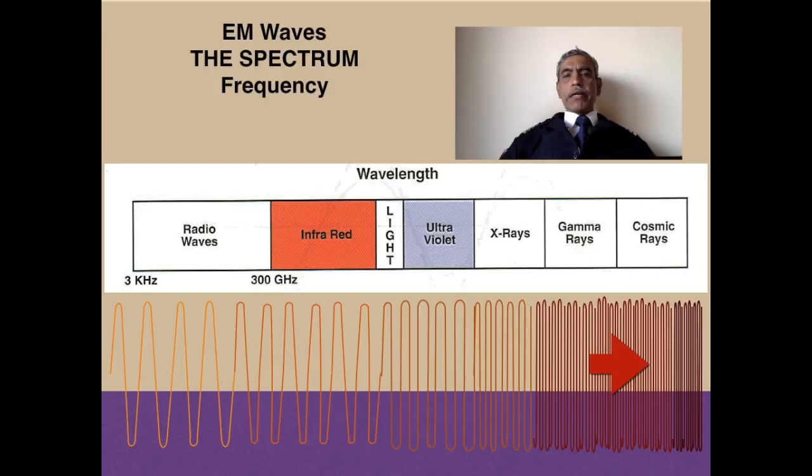I'm going to touch upon these spectrum bands a little bit and cover some interesting facts. The point to understand is that it starts from the lowermost, radio, then infrared, light, ultraviolet, X-rays, gamma, and cosmic. They are all homogeneous in nature of wave propagation, etc.